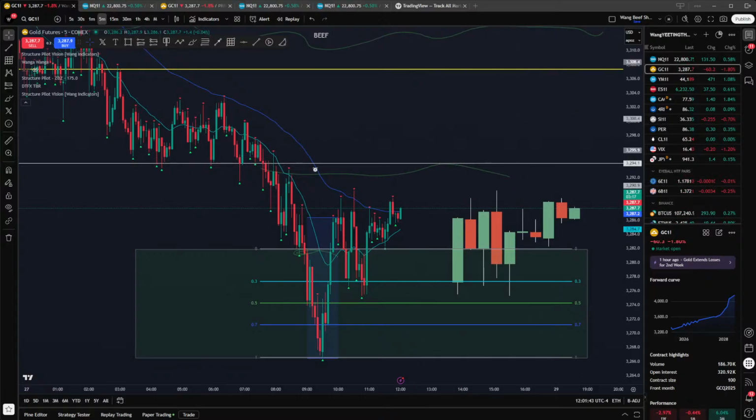Okay, all right. For instance, your indicator, how would you code it to Ninja Trader?